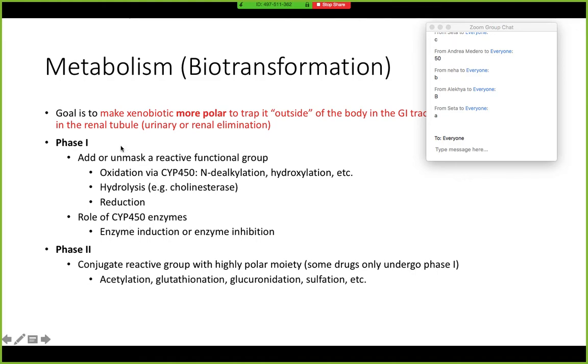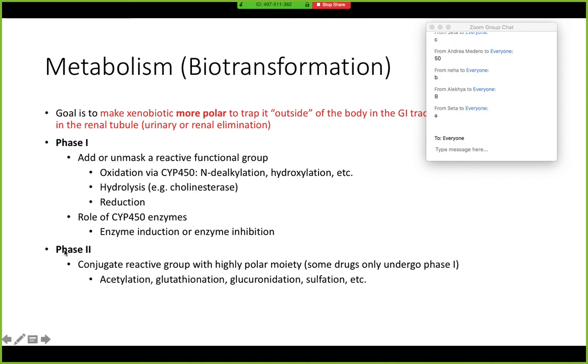But just to go through it, so phase 1, you add or unmask a reactive functional group through reduction, oxidation, or hydrolysis. Also in phase 1 is when your CYP450 enzymes come into play and you get enzyme induction or enzyme inhibition.